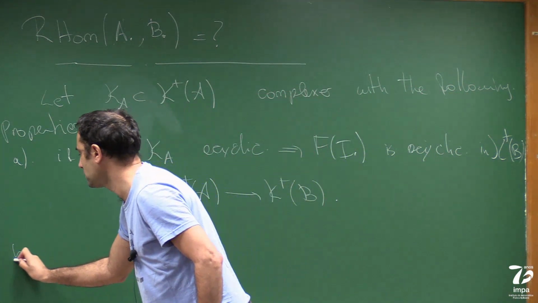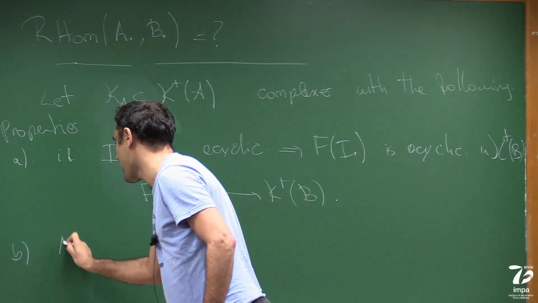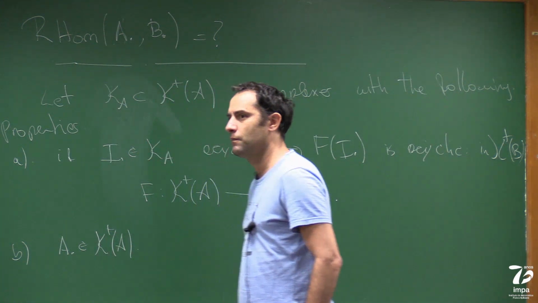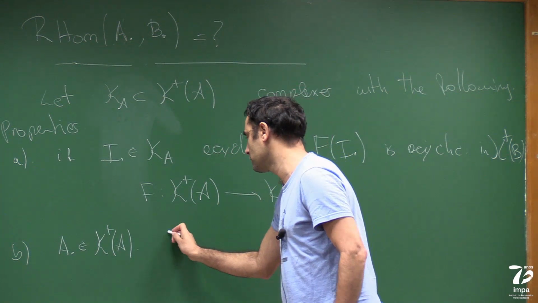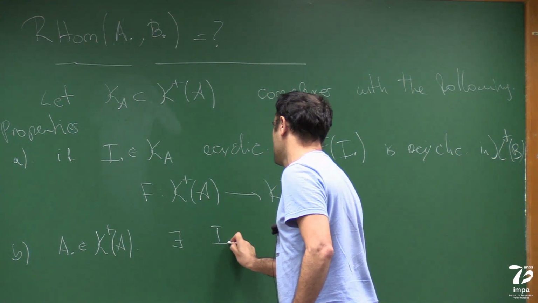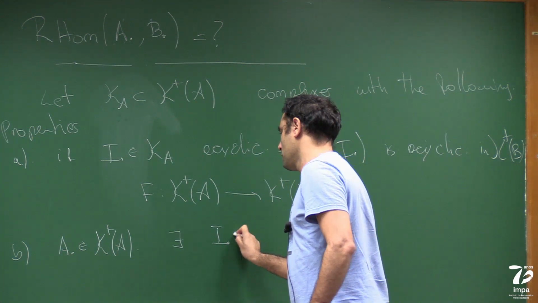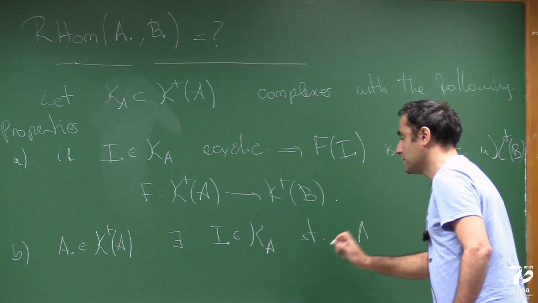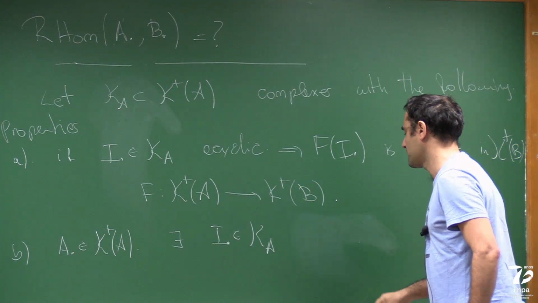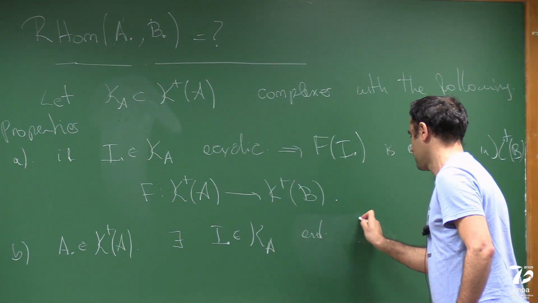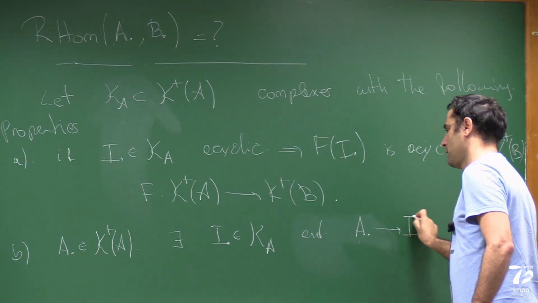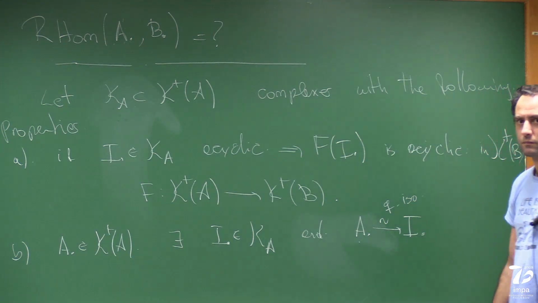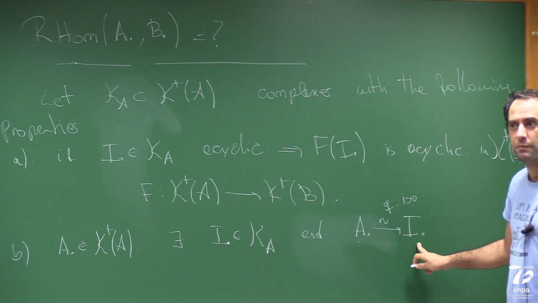And second, for any A in K plus A, there exists an I in K_A and a quasi-isomorphism between A and I. Again, it took us some time to prove this, but it wasn't so hard.